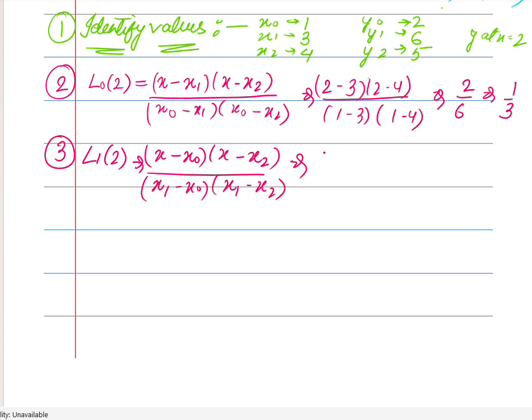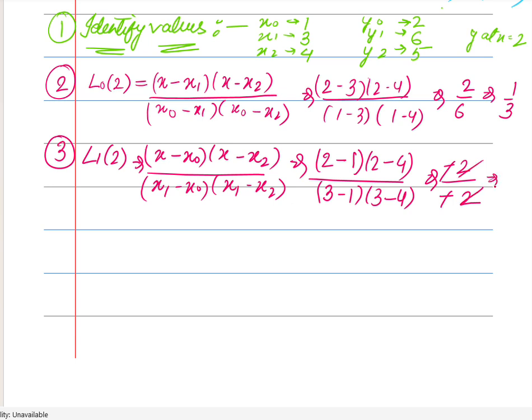And here when you substitute the values, what you'll see: x minus x naught, x was 2, 2 minus x naught was 1, then again 2 minus x2, that is 4, divided by x1 was 3 minus 1, then 3 minus 4. It would be equal to minus 2 by minus 2, right? Minus and minus cancel, it would be 1, right?